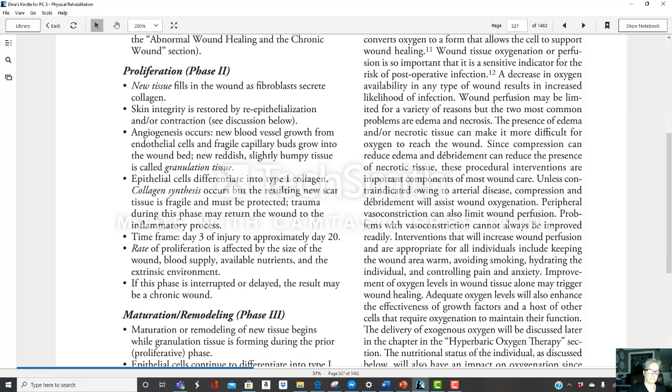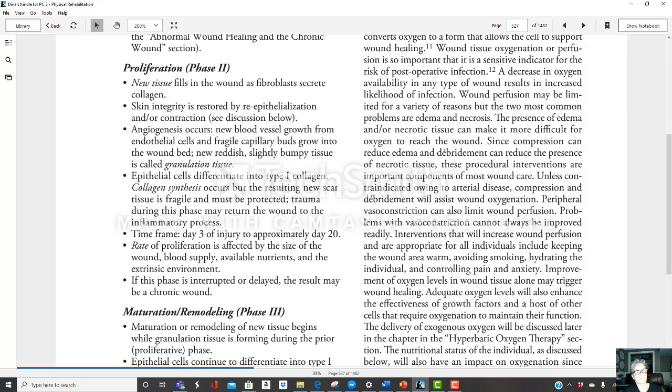New tissue fills in the wound as fibroblasts secrete collagen. Skin integrity is restored by reepithelialization and/or contraction. See discussion below. Angiogenesis occurs. New blood vessel growth from endothelial cells and fragile capillary buds grow into the wound bed. New reddish, slightly bumpy tissue is called granulation tissue.